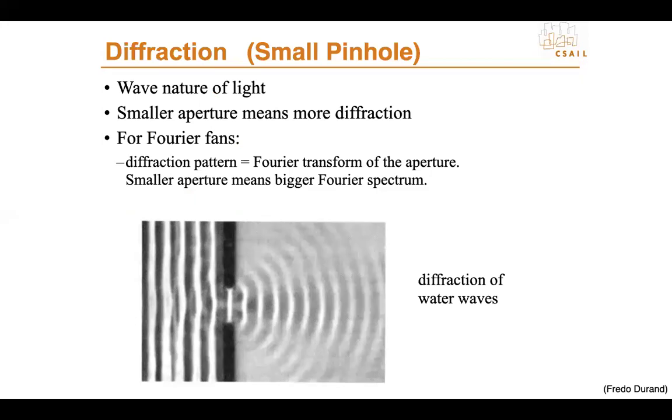On one hand it is corpuscular, because it carries photons that are light energy, but on the other hand, these photons vibrate, and so we have an undulatory model. And so light has a wave nature. We have electromagnetic waves for light, right?